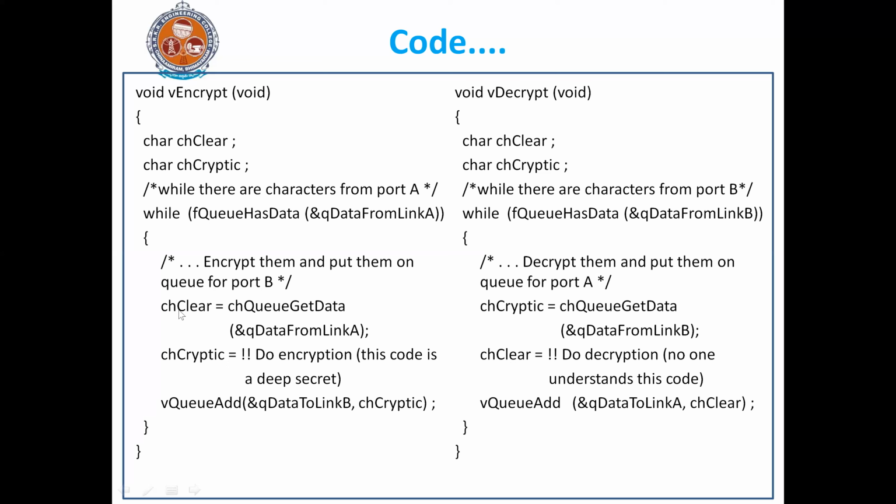original data. Suppose you see here, this is CH clear. Similarly, this is CH clear. This CH is the encrypted data, and this is the encrypted data. So now you have the original data, and that original data is again added onto the queue, that is queue data to link A. So this is the process of the decryption algorithm.